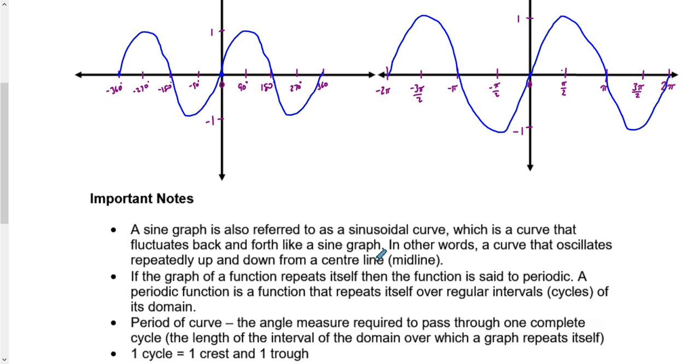In other words, a curve that oscillates up and down from a center line. If the graph of the function repeats itself, then the function is said to be periodic. Now, you'll notice, absolutely, a wave is a type of sinusoidal curve, or a periodic curve. A periodic function is a function that repeats itself, so they're basically saying the same kind of thing.